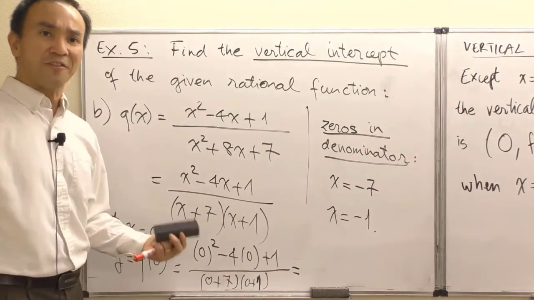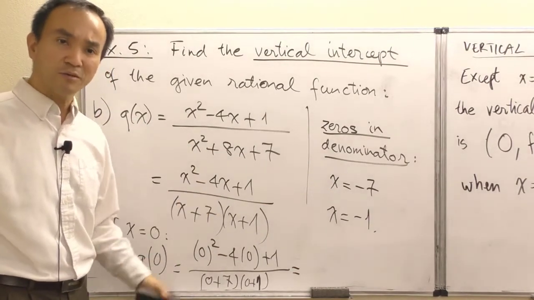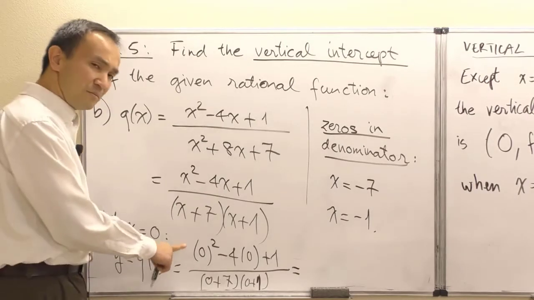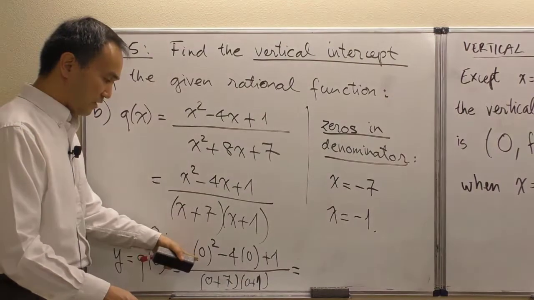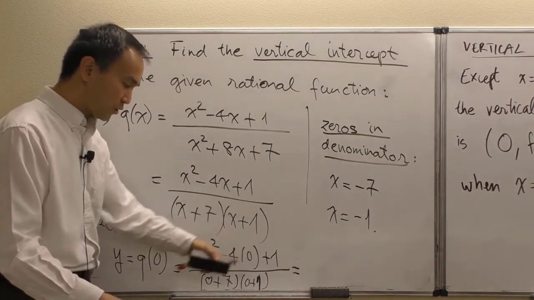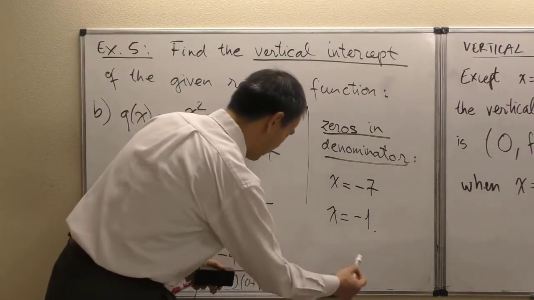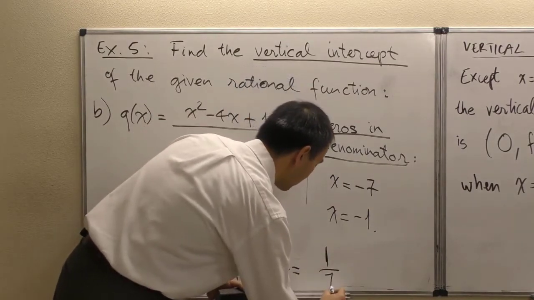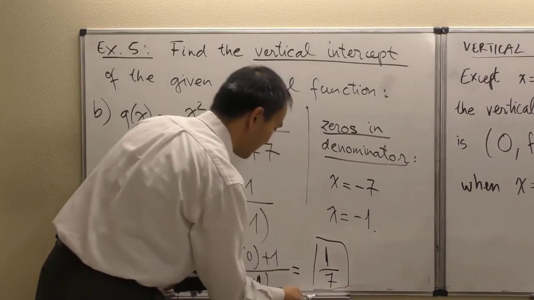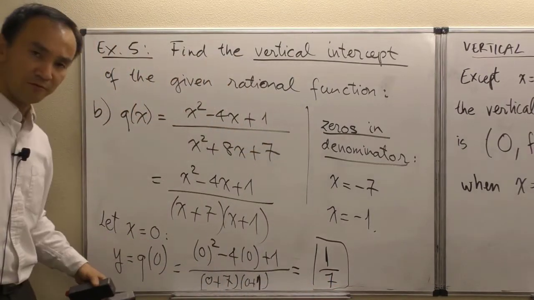That confirms our steps of how to find the vertical intercept. So now 0 squared minus 4 times 0 plus 1, all of that divided by the denominator, we end up with 1 over 7. That is our y-intercept.